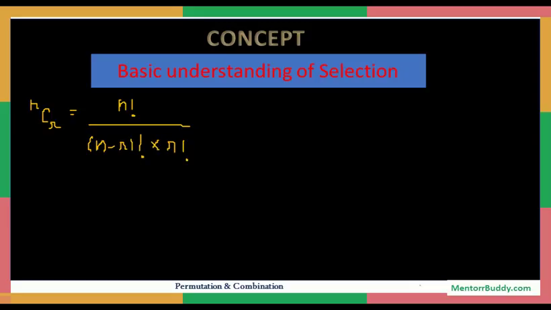So nCr is used for selection: if I need to select r different objects out of n different objects, I apply nCr.